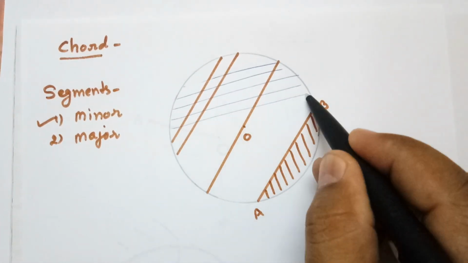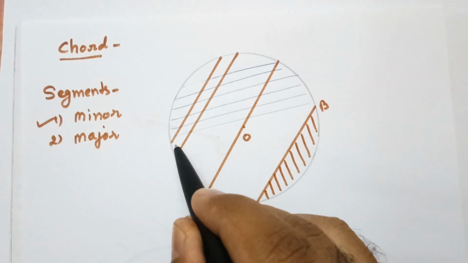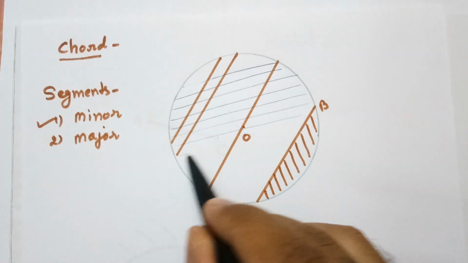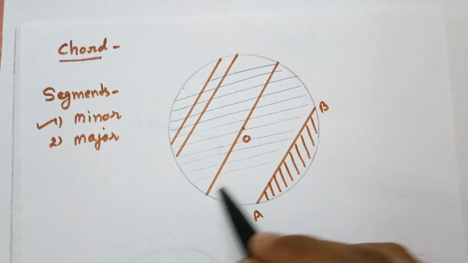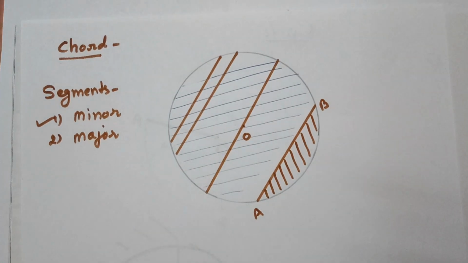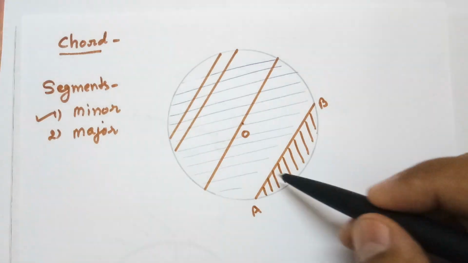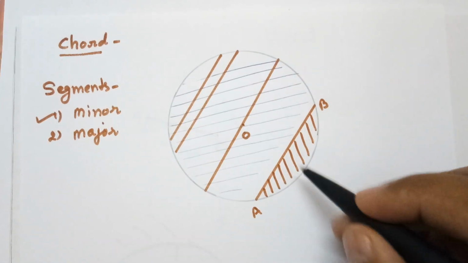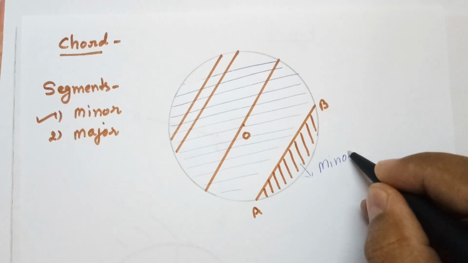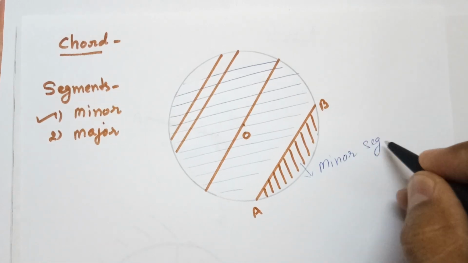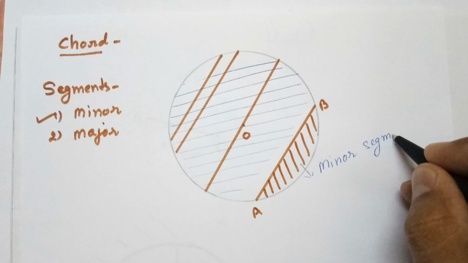Major means big part, minor means small part. So the chord AB is dividing this circle into two segments: one is the minor segment, and the second is the major segment.